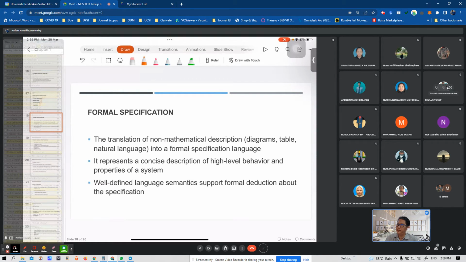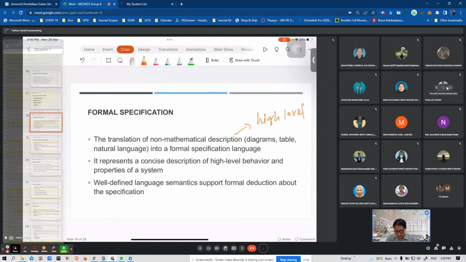Normally, I have described this before. It is basically the translation of non-mathematical descriptions, for example graphics, diagrams, tables, natural language, and it represents the high-level behavior.